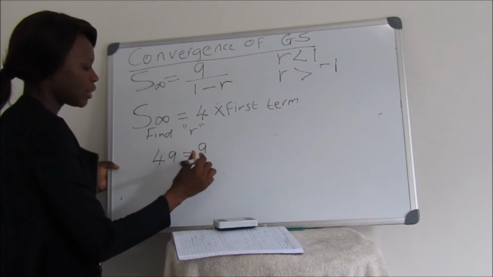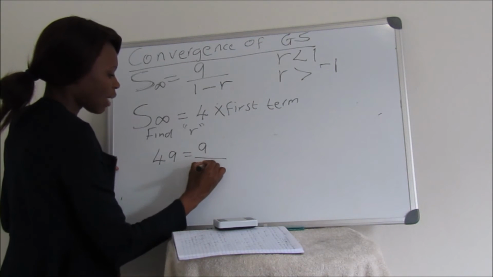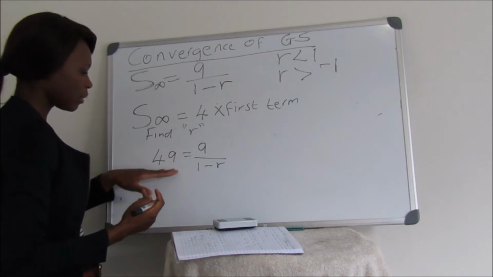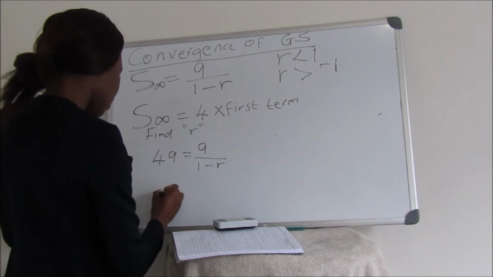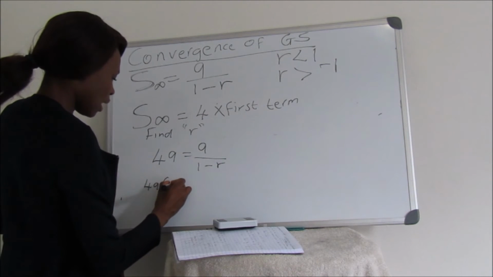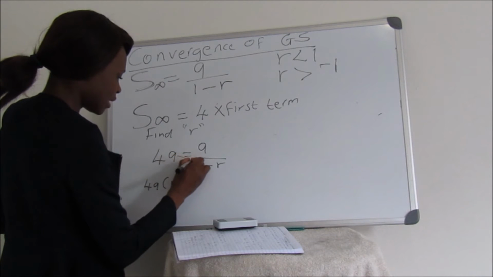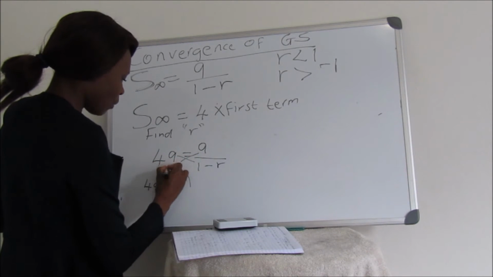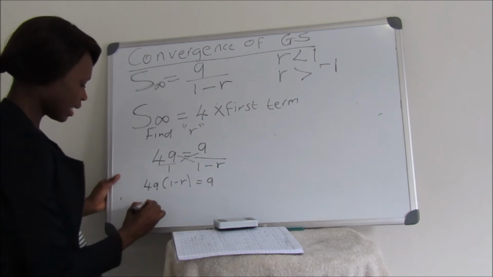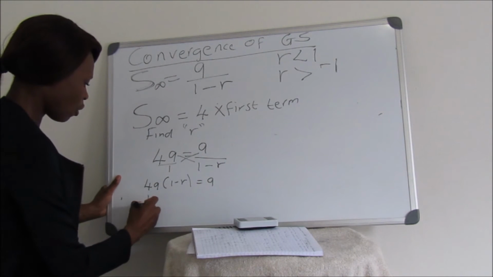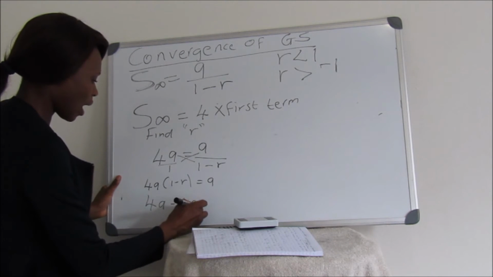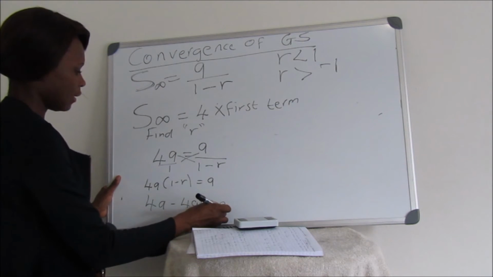It equals A, our first term, divided by 1 minus R. From here, we can cross multiply, which gives 4A into 1 minus R, equal to A on the other side. Here it will be 4A minus 4AR is equal to A.